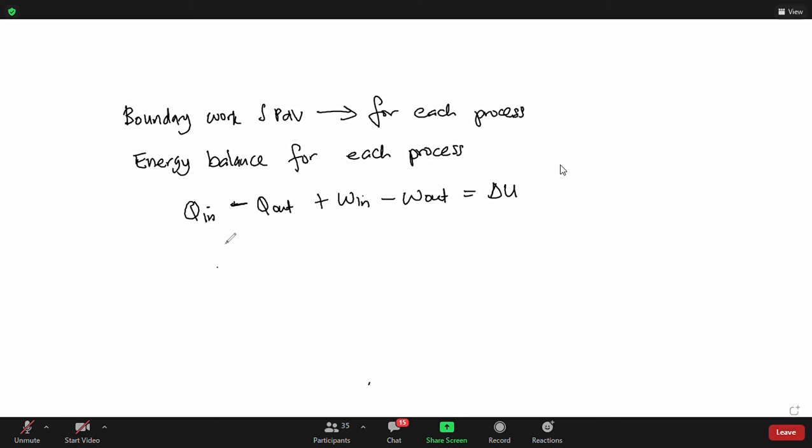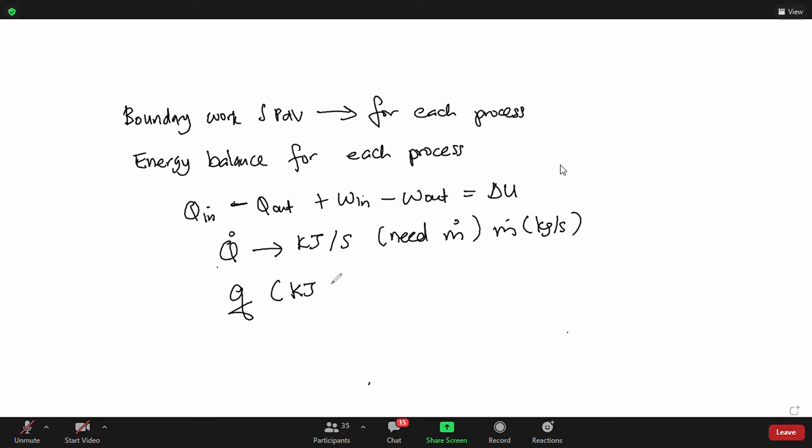So this Q dot is in kilojoules per second. If this is the case, you will need m dot. m dot is of course in kilograms per second. But if the question wants the Q in kilojoules per kilogram, here you do not need the mass.